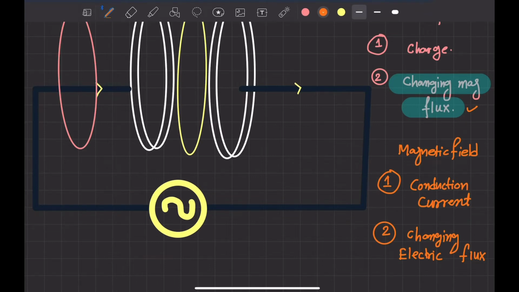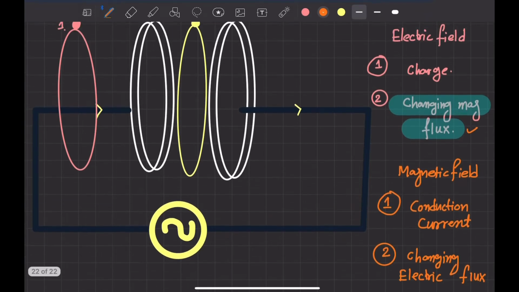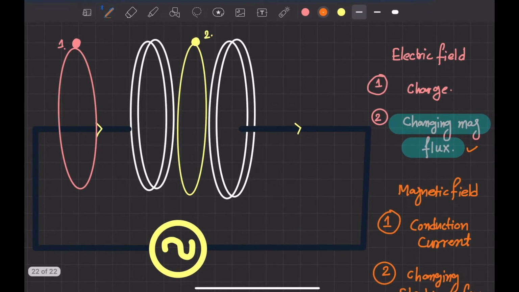Now if you come back to this diagram, when there is an AC source, then at point 2 we know that there is always a changing electric flux. When there is a changing electric flux, it also produces some amount of magnetic field, and this magnetic field is exactly like at point 1. So this is the exact reason why the magnetic needle was getting deflected.